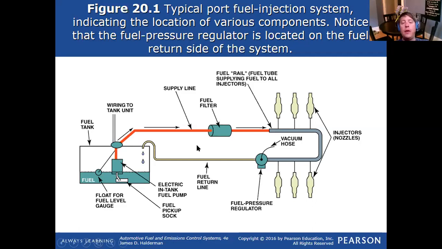And what you would see in a situation like this is the pump would not be back in the tank. You'd just see maybe the sock filter screen and a pickup screen, and you'd see that run all the way up to the engine block, and the pump would be somewhere up by the engine. And then from the engine, it would pump your few PSI, 5 PSI or so of fuel up to the carburetor.